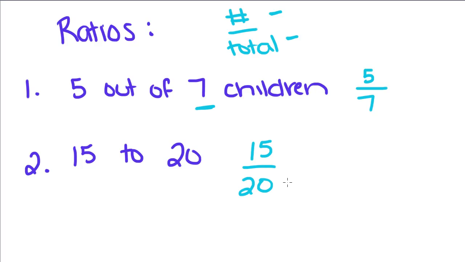And when we write ratios, we want to write them in simplest form. So to simplify, we're going to divide the top by 5 and the bottom by 5. So 15 divided by 5 is 3, and 20 divided by 5 is 4. So we have a ratio of 3/4.